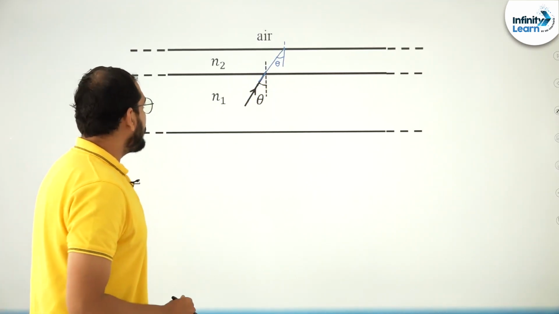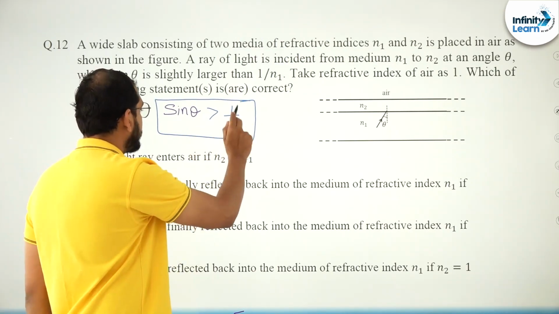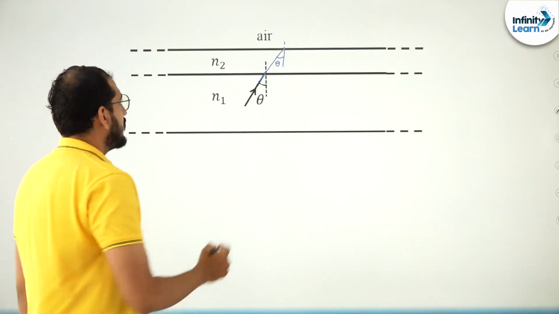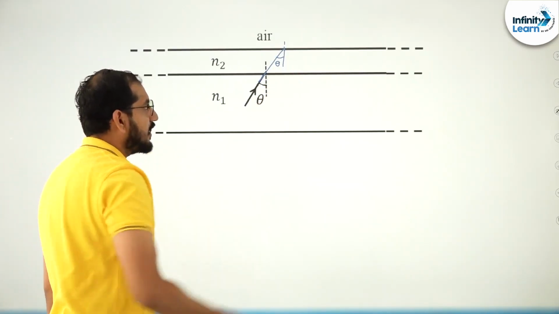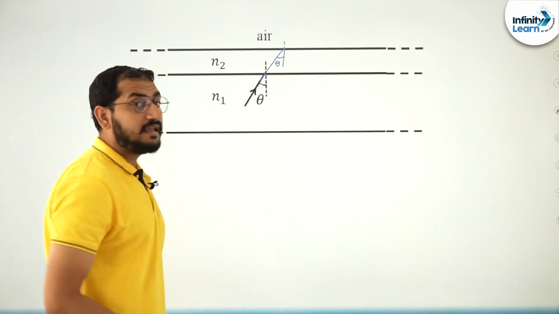Now if you go back, it is clearly mentioned that sine theta is slightly larger than 1 by n1. So if sine theta is slightly larger than 1 by n1, then what's going to happen? The condition of TIR will occur.